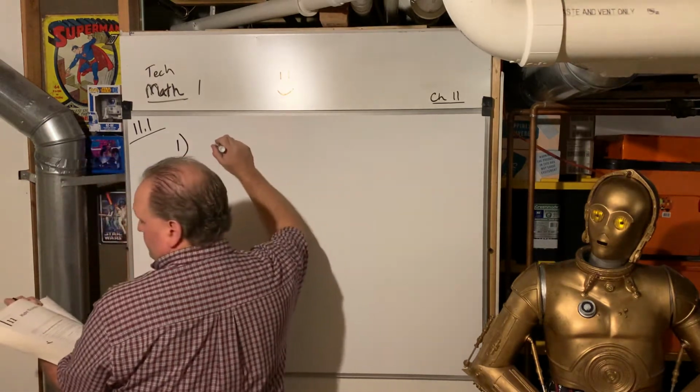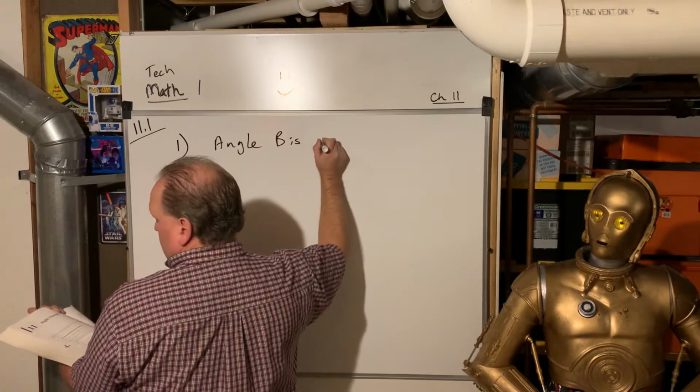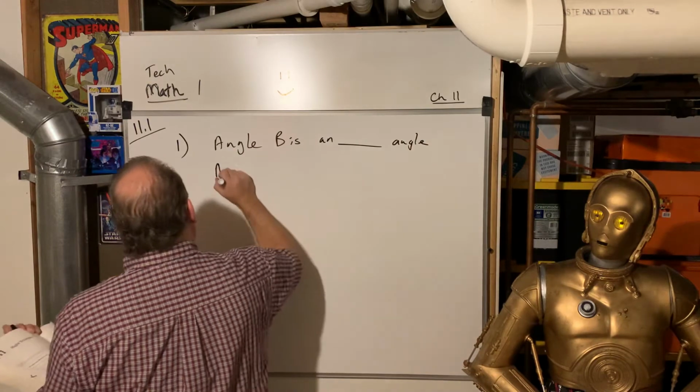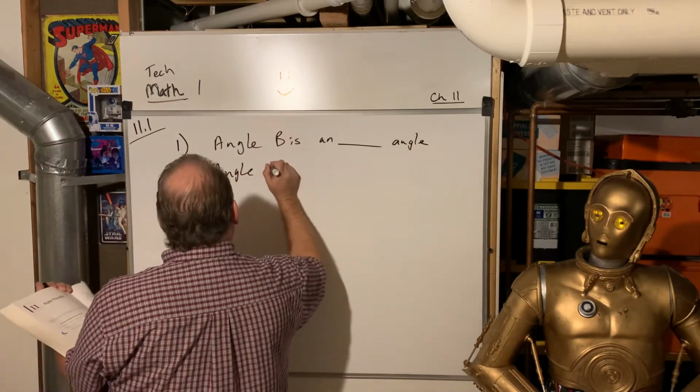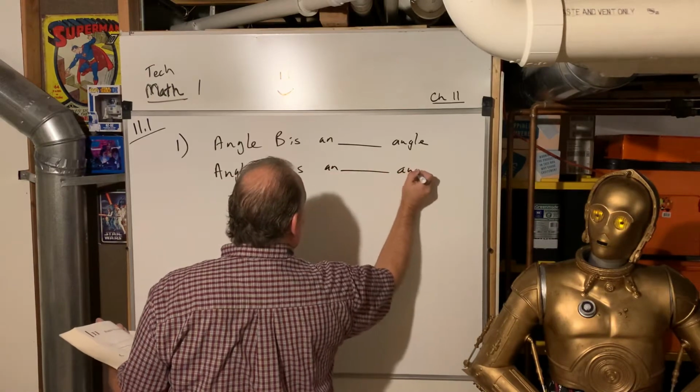We have a picture. Angle B is a blank angle, and angle C is a blank angle.